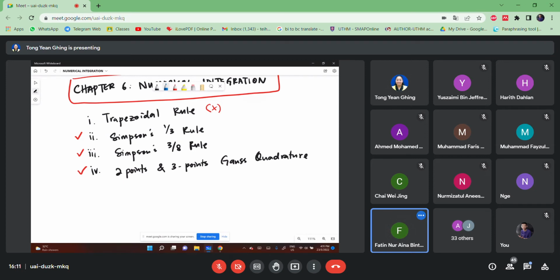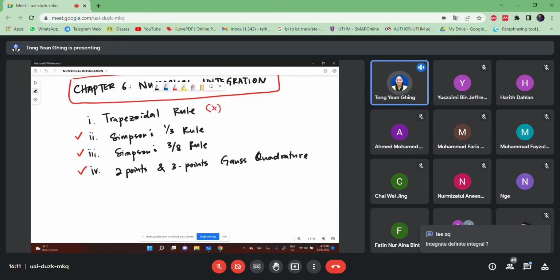Rate of change, that is the slope, because that is differentiation. But integration is not rate of change. What else? Why do we need this? Don't know.